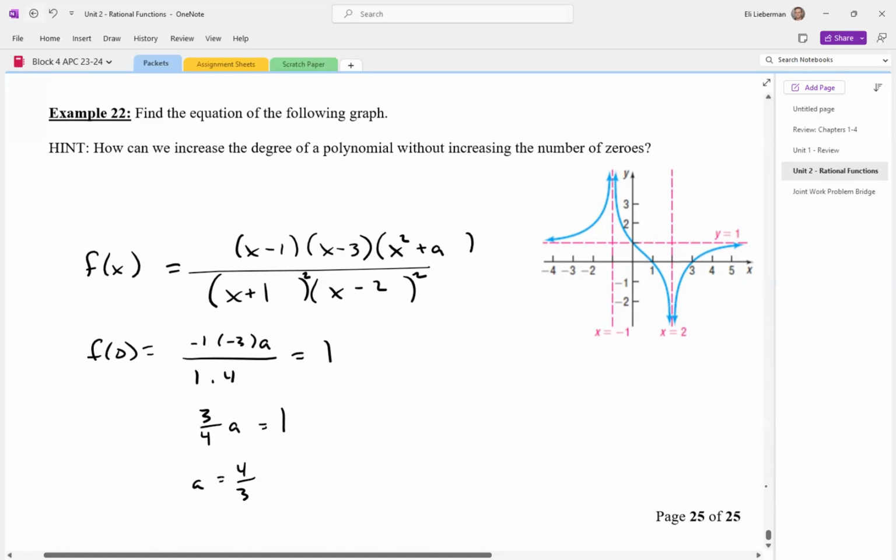My equation, I'm not going to write that whole thing again, I'm just going to take that a out of there and put a 4/3. So notice the zeros remain. Should we check the y-intercept? Okay, well, I'll check it. If you plug in zero, the output is 1. Was that a nice twist?